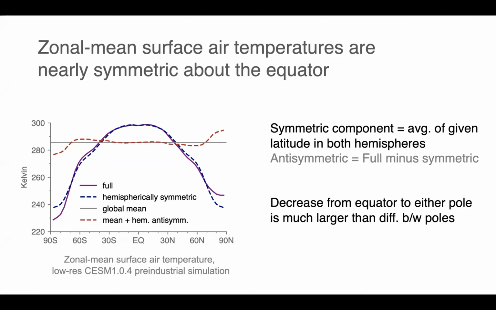The purple curve is the full annual mean surface temperature. The blue dash is the hemispherically symmetric component thereof, which is just the average of each latitude with its mirror about the equator. And the red dash is the mean plus the antisymmetric component. And the point is that the purple and the blue are mostly very similar to one another.